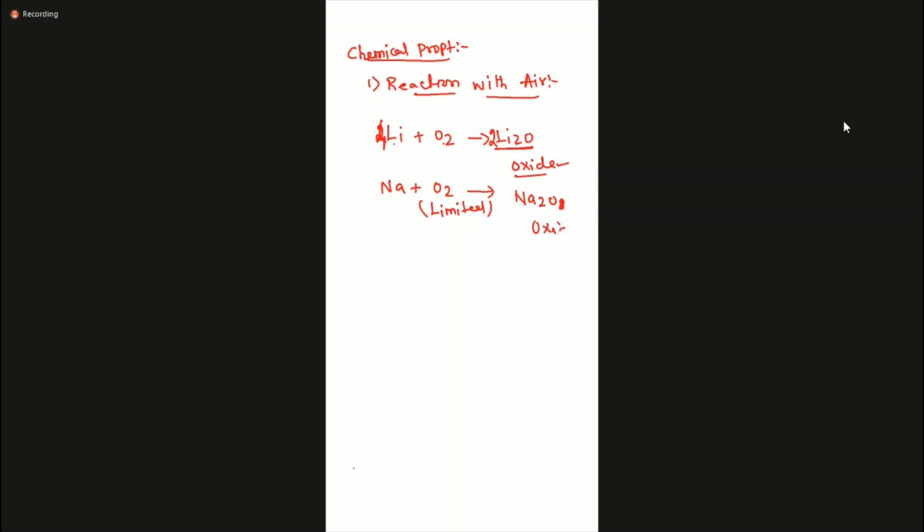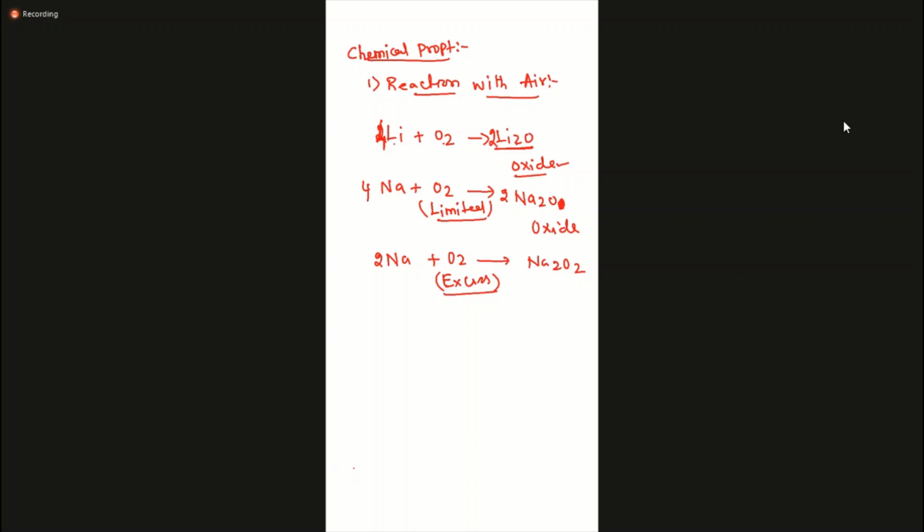For balancing, I write 2 here, so here we need to write 4. So sodium oxide, lithium oxide. Suppose sodium reacts with an excess amount of oxygen, then peroxide forms. So with a limited amount, oxide forms; with an excess amount, peroxide forms.